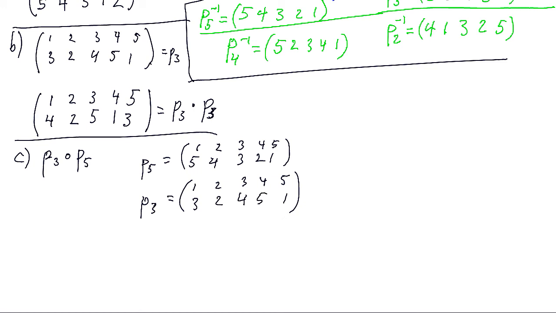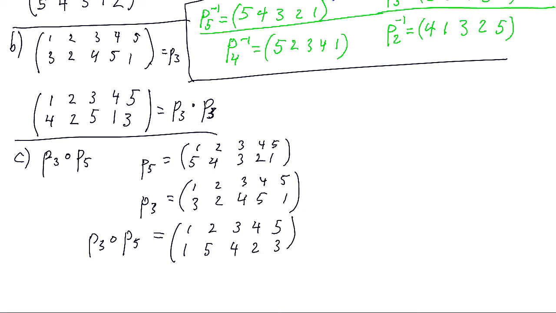And so P3 composed with P5, applying P5 first, 1 goes to 5, 5 back to 1. So 1 goes to 1. 2 goes to 4 and then to 5. 3 goes to 3 and then to 4. 4 goes to 2, which stays at 2, and 5 goes to 1, which goes to 3.